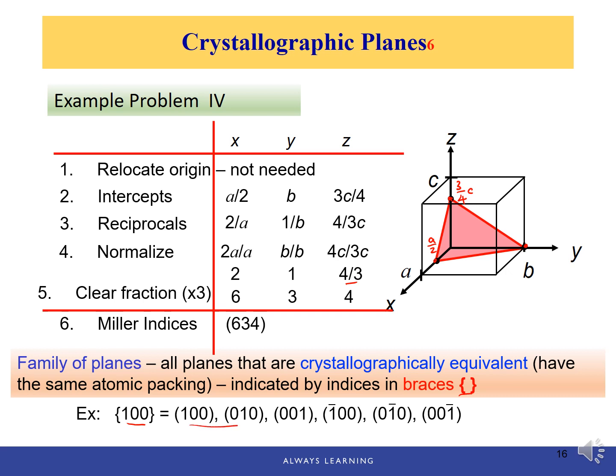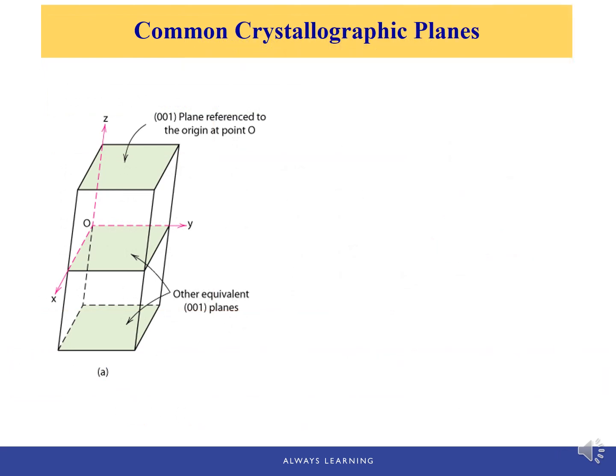And all of those planes have the same atomic packing, or the atomic arrangements on those planes are the same. Some common crystallographic planes: the surfaces of the unit cell belong to the 1, 0, 0 family of planes.